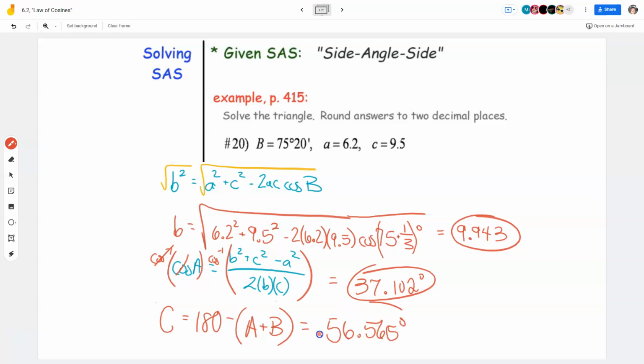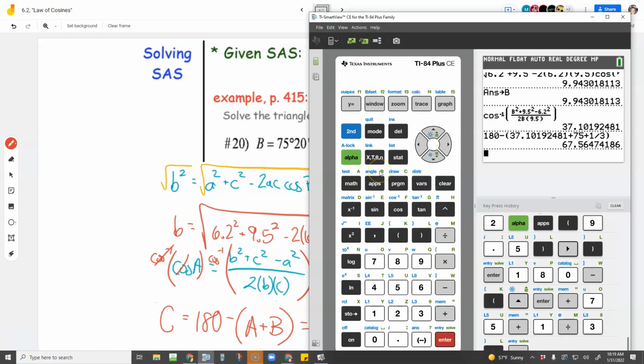565 degrees. Whoa. I have A, I have B, I have C. You go back to your practice. Yeah, I can. You got 67. Yeah, I did. Why did you get 66? Wait, what? I did 75 and a third, and this guy, 37. Yeah, and then you got 67.